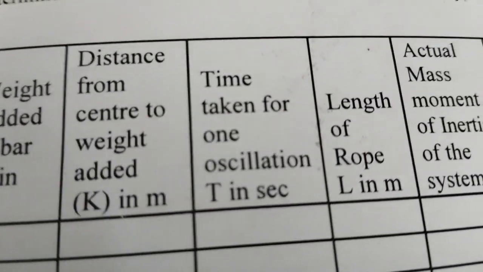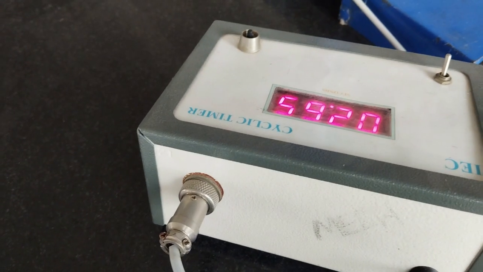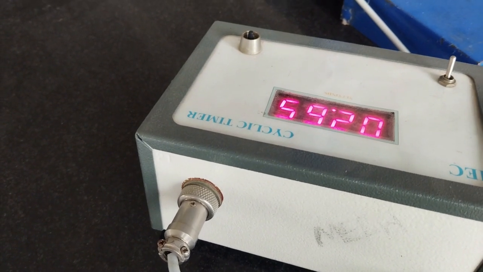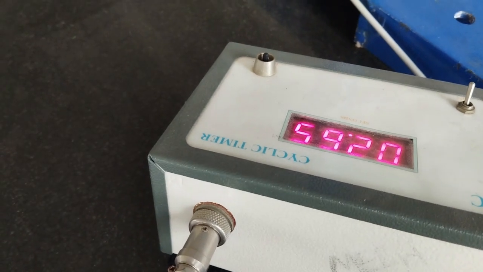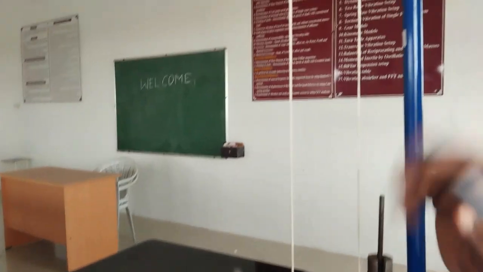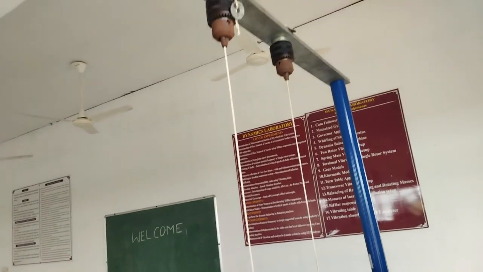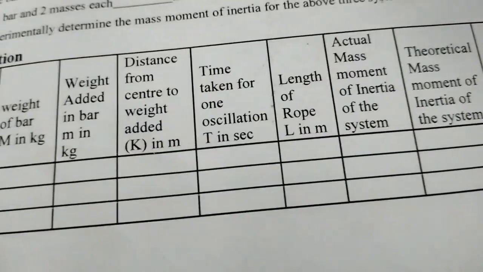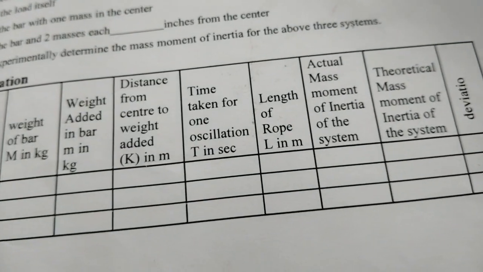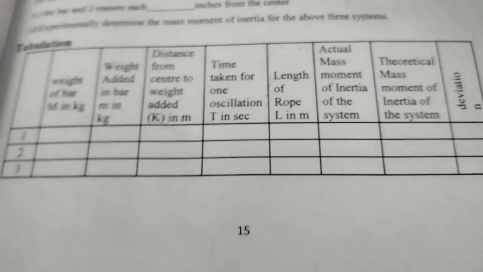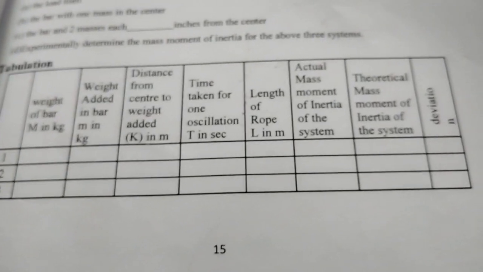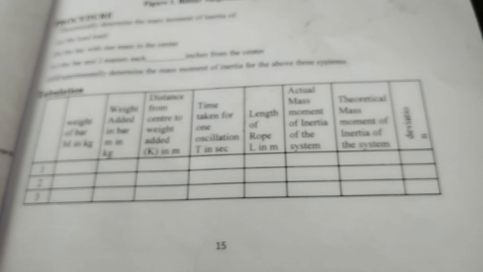Next, time taken for one oscillation. We gradually increase the weight and get the time taken for one oscillation for the 3 trials. Then the length of the rope is constant for all the trials. Next we calculate the actual mass moment of inertia of the system from the given formula, and the theoretical mass moment of inertia of the system from the given formula.